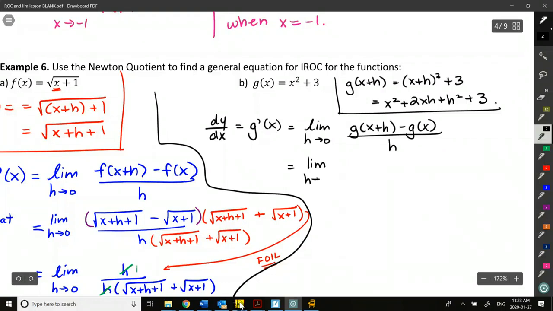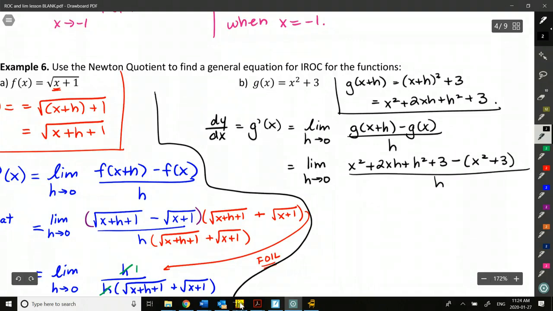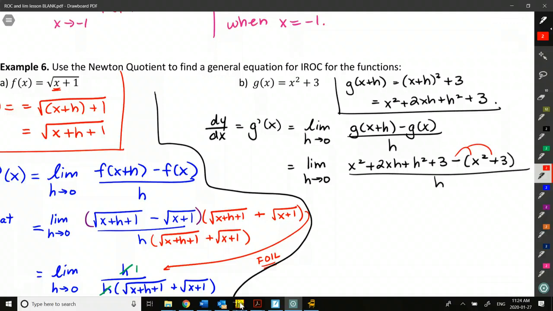We've already found g at x plus h, so we can sub it in now. This one's going to be a little bit more straightforward than the last. I'm putting g at x in brackets because every term in that needs the negative inside, so this negative will be distributed to every term in g at x, or f at x, or whatever function you're using.